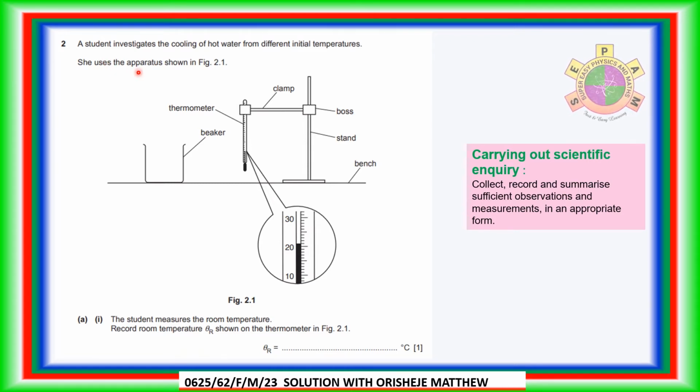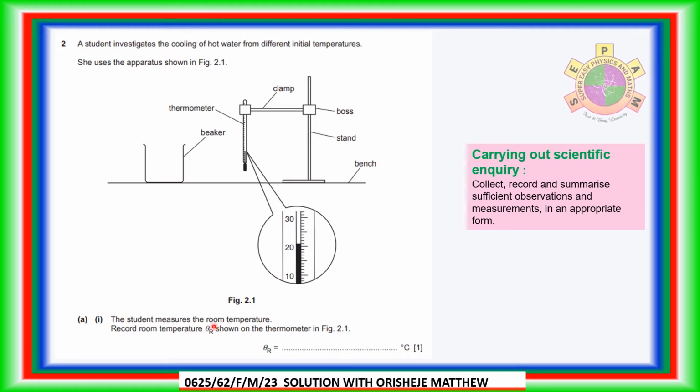Question 2. A student investigates the cooling of hot water from different initial temperatures. So she uses the apparatus shown below. So you have the thermometer, the beaker inside the room, then the hot water that is poured inside the room.